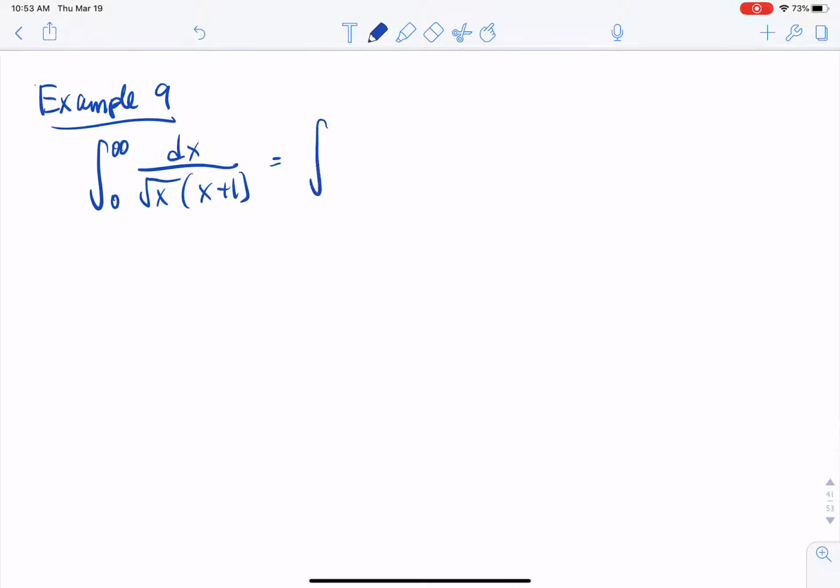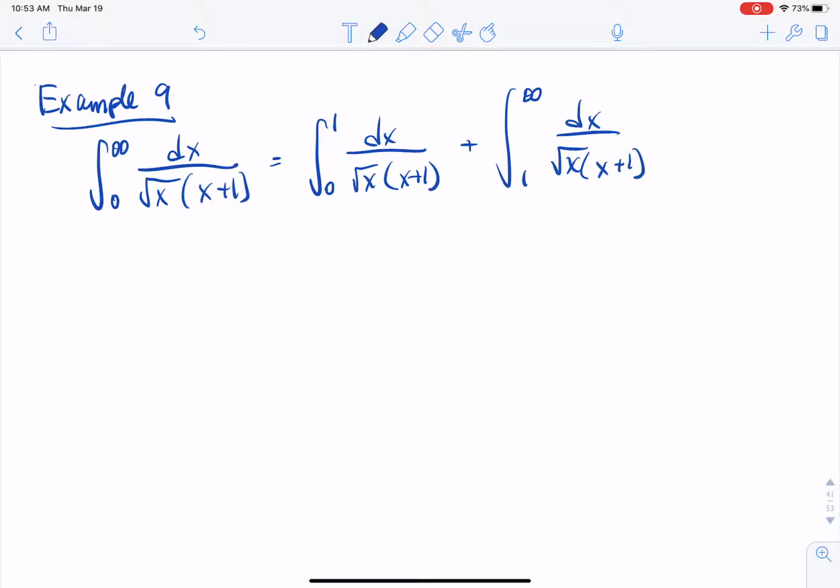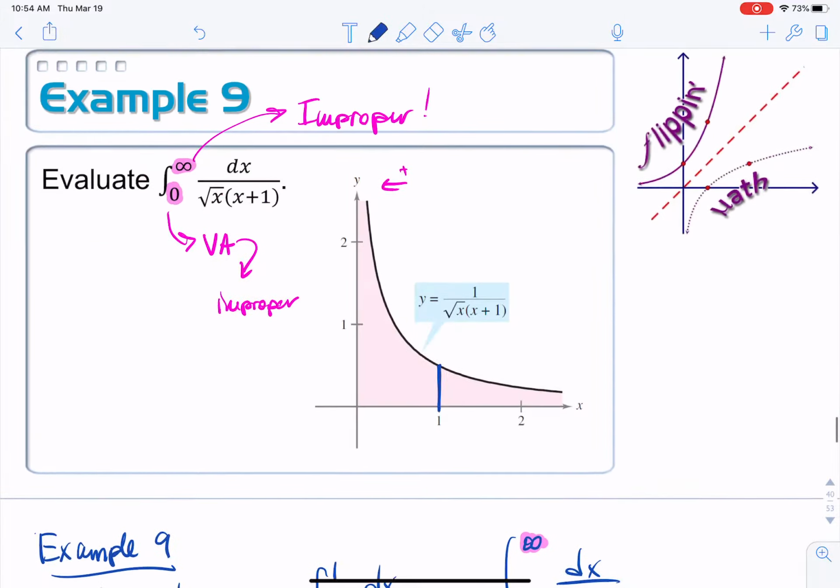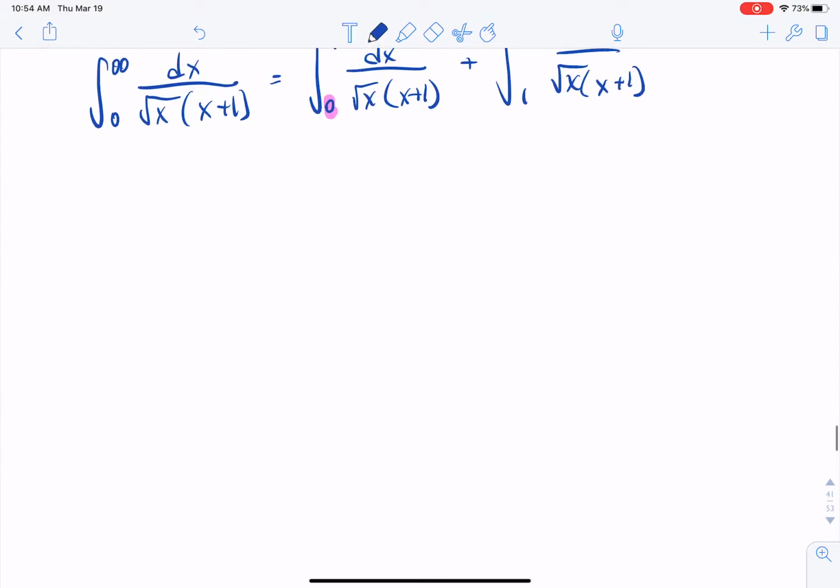So I've got the definite integral from 0 to 1 of this stuff, and then from 1 to infinity. Both of which are improper, right? The one on the left-hand side is improper because we've got a vertical asymptote here. The one on the right-hand side is improper because we have this obvious unbounded upper limit of integration. Okay, so I need to turn both of these into a limit. The one on the left-hand side, we said we're going to approach from the right side of 0.